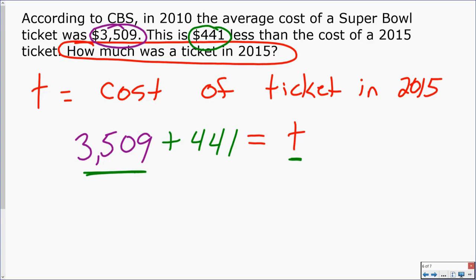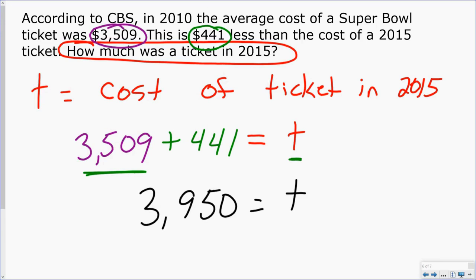And when I add them together, that gives me 3,950 equals T. Again, that's just the solution to my equation. So my answer for the problem would be that it cost $3,950 for a Super Bowl ticket in 2015.